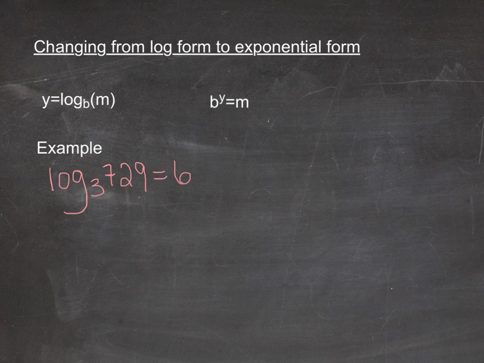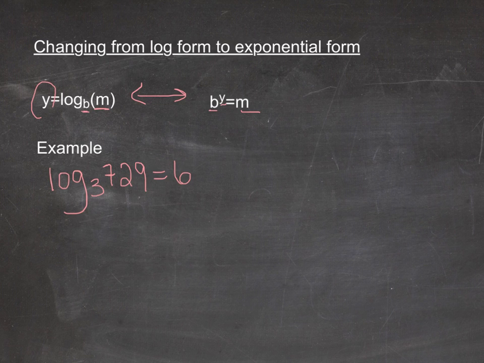Okay, so I can change from log form to exponential form, going between the two. If you look at the relationship between them, my base is the same in both, so I keep the same base. Then when I'm going from log form to exponential, I take the answer here, the y, and that becomes my exponent, and then my m is what it's equal to. So for example, just to show that this is actually equivalent, log base 3 of 729 is equal to 6.